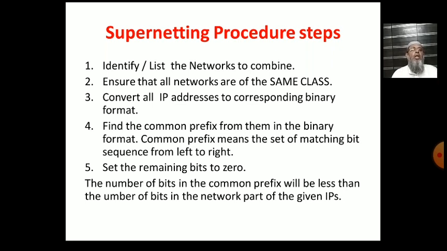Then convert all the IP addresses to the corresponding binary format. Then find the common prefix in the binary format. A common prefix means the set of matching bits in sequence from left to right. We find how many bits are the same and common in all those networks, and we separate that; that will become the prefix.